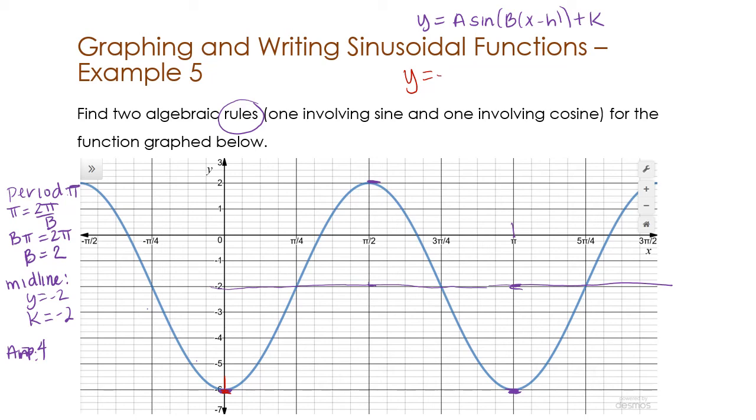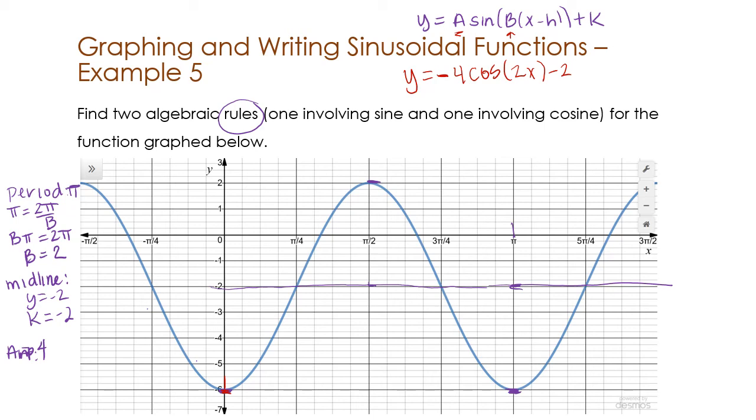When we do that reflection, we put that negative in front. So -a, my amplitude is 4, times the cosine of b, my b value is 2. I don't have any h, so it's just going to be 2x, and then plus k, which is -2. So there's the cosine function.